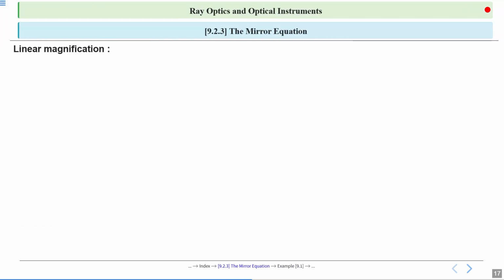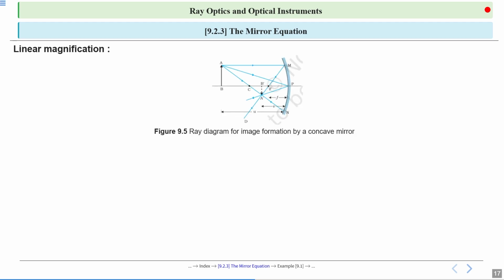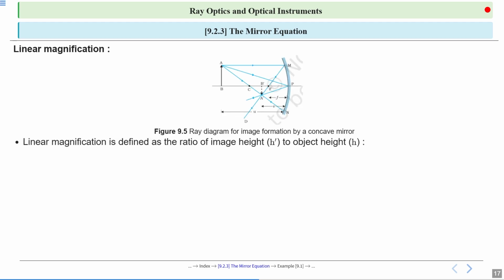So now we'll discuss what is linear magnification. Linear magnification is the ratio of image height to the object height.